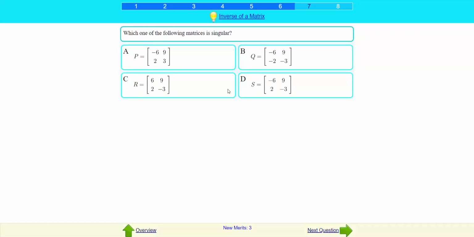Which of the following matrices is singular? So what singular means is there is no solution for it. Let's start with the first one. So we have 18, so minus 18, minus 18. It's actually a 0.